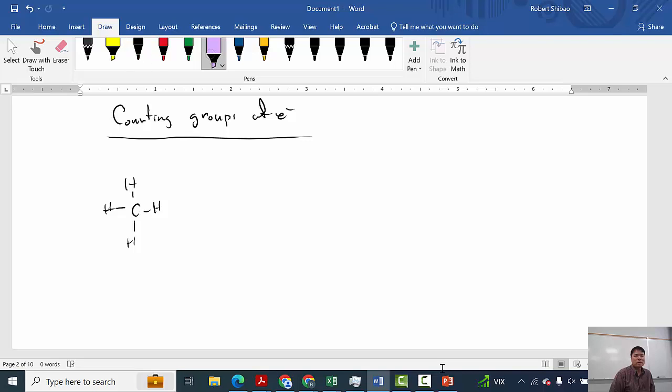So let's draw some Lewis structures here real quick. Do you know what this is? That's methane. And how many groups of electrons around this? 4. That's correct. I have 1, 2, 3, 4.